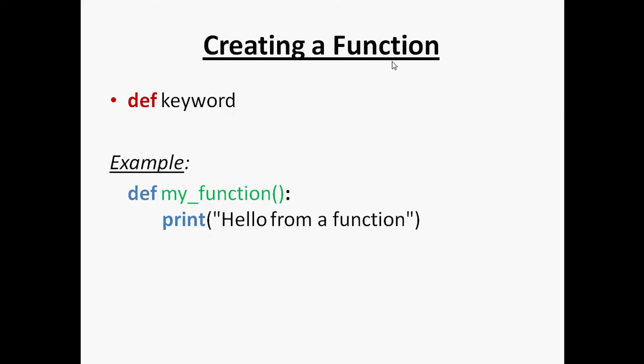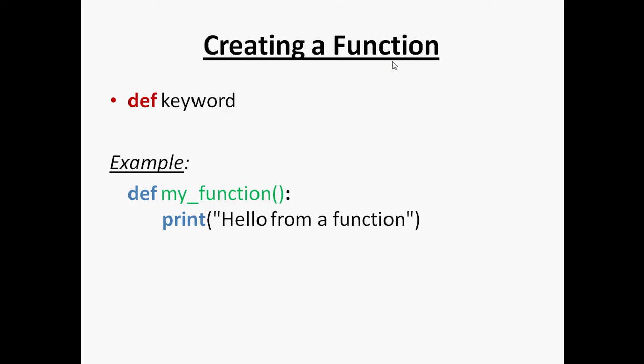This is the way in which you can define a function. Pressing the enter after it will take you inside the function where you can put your code which will be executed when your function will be called. Here I have just put a print statement with hello from a function as a text.